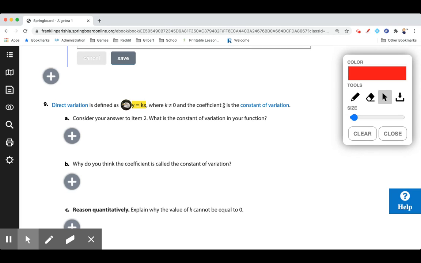It's going to be called our constant of variation. You may have heard it called your constant of proportionality before. Direct variation occurs when y equals kx. K is just some number, that's our constant of variation.